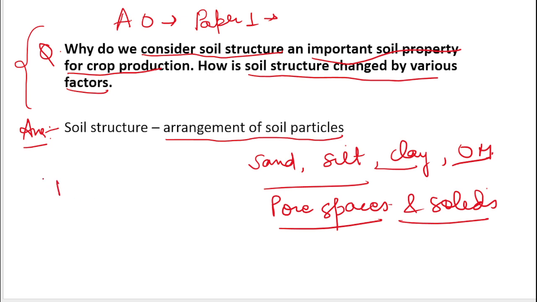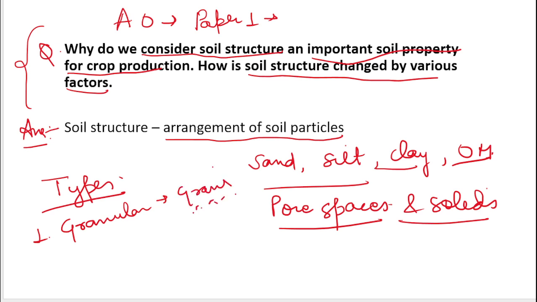And it is of different types. काफी types के हैं. Some famous types are granular, for example like grains. These soils will have small grains. This is granular. We have platy structure, that is like plates.